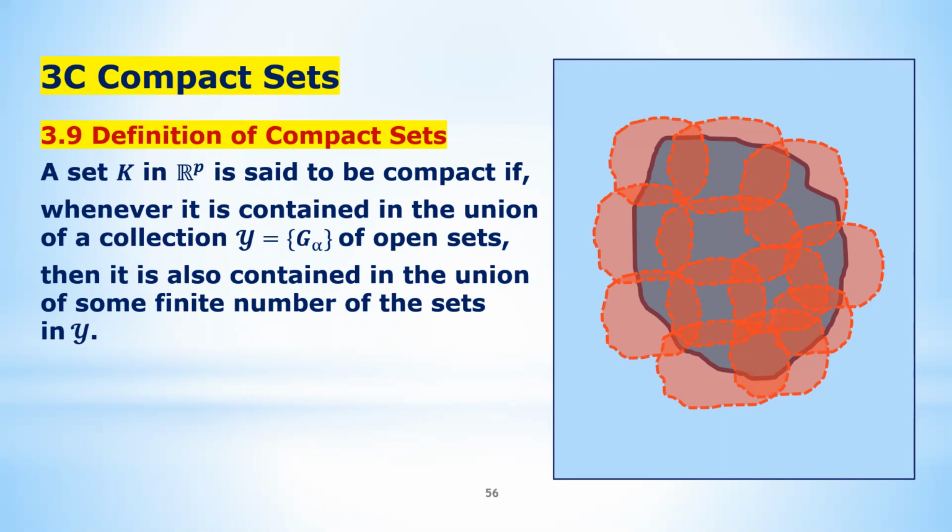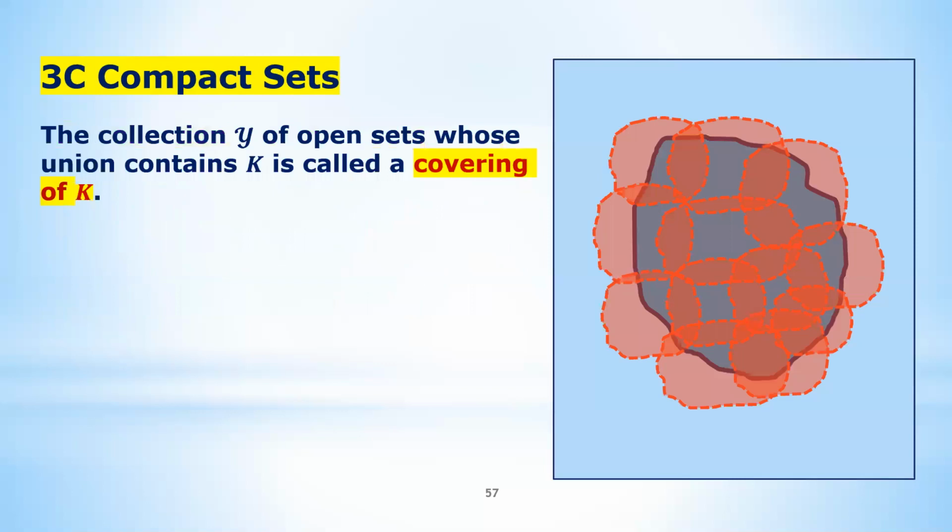Maybe in some example. So what this is saying is that no matter the situation, you can always select only a finite number of those red open sets to cover K. If K carries this property for every collection, this is called a compact set.